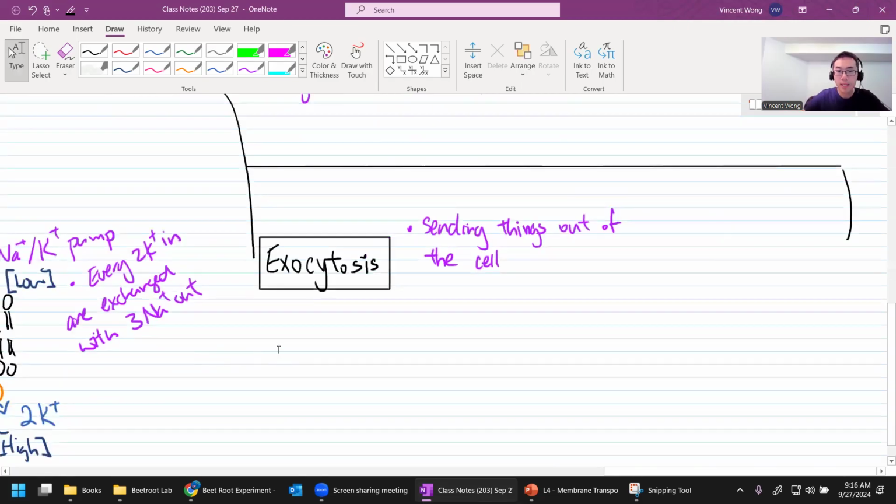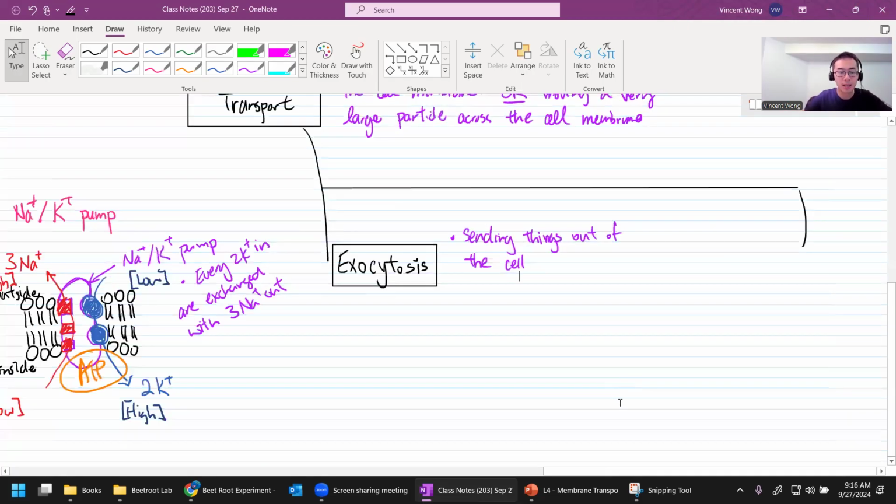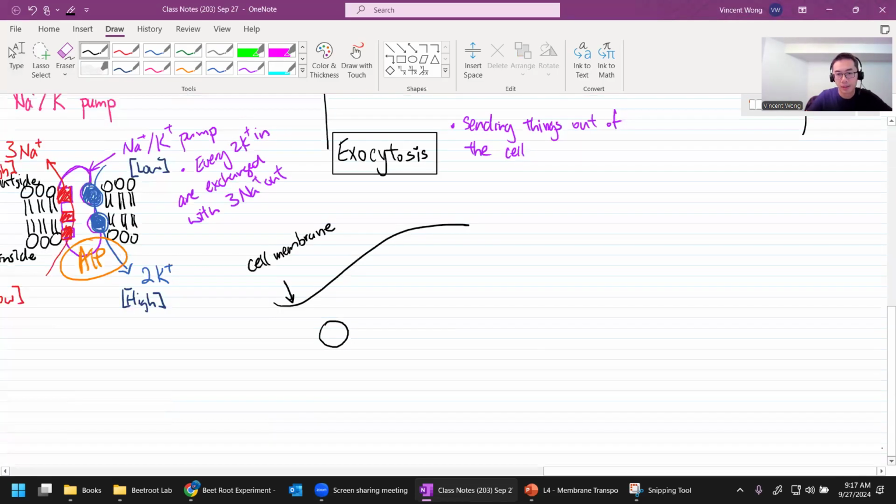We actually already learned about an example of this. I will draw it for you. Maybe watch first and then draw, because you don't know what I'm drawing and it's hard to follow. Let's say this is the cell membrane. And we have a vesicle here, freshly repackaged from the Golgi body, and it had some proteins in it.